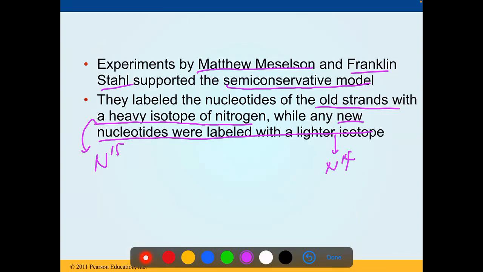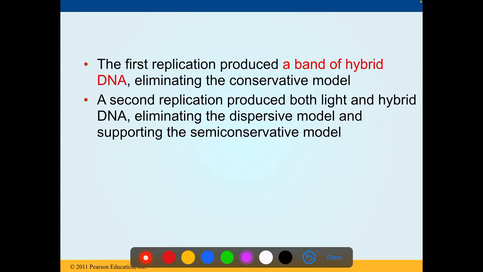So you grow the bacteria for a first generation or so, and then you isolate their DNA. The heavy DNA will be the original parental DNA, and the newly synthesized DNA is the light DNA. So whether they are mixed or not, evenly mixed, or only hybrid and intermediate, that is what they are looking for in this experiment.